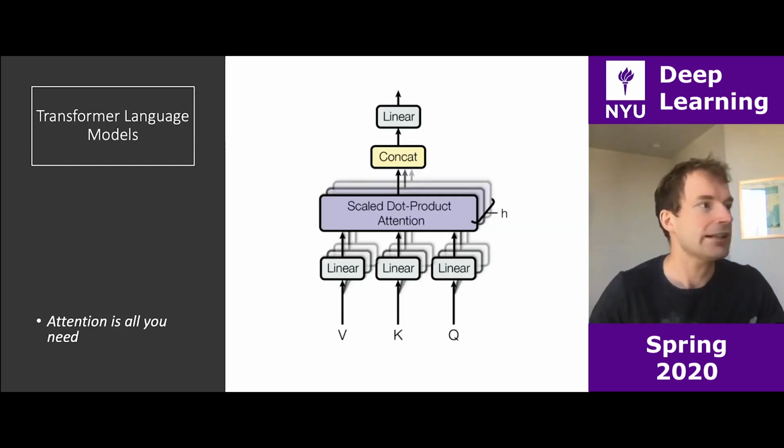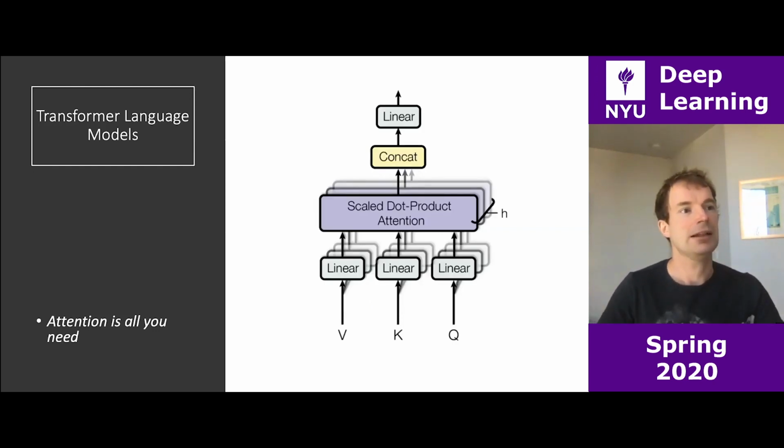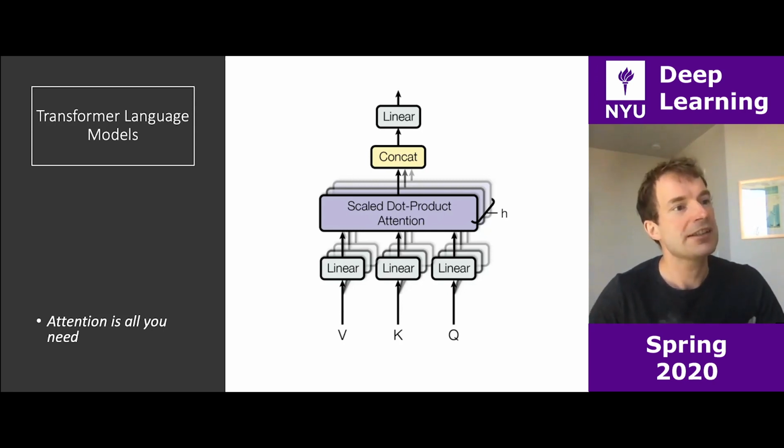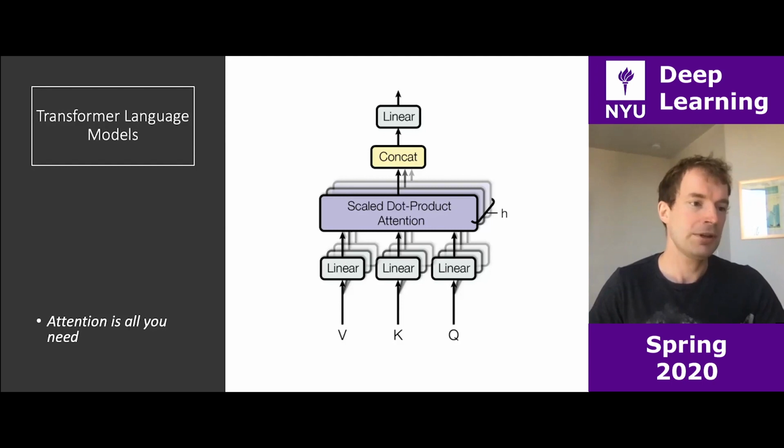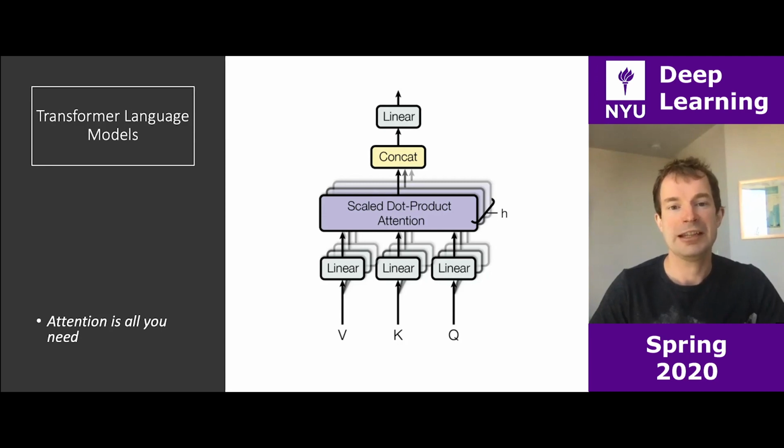So what is this mysterious multi-headed attention thing? So here's another figure. I don't know if this helps. So basically, you can compute these three quantities called V, K, and Q here. These stand for value, key, and query, respectively. Do the scaled dot product attention operation and then concatenate the outputs.